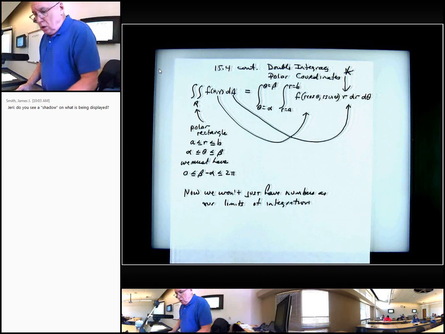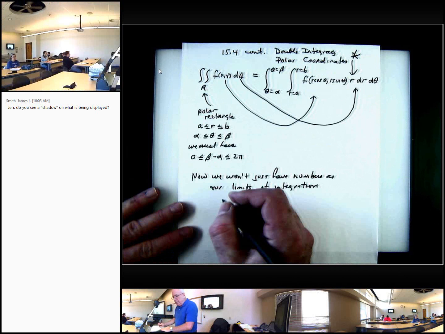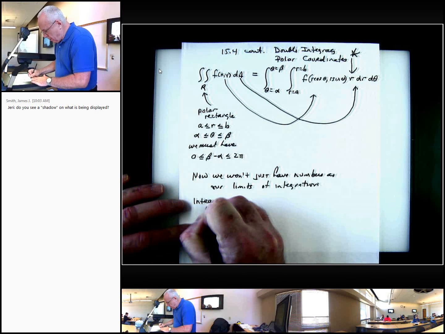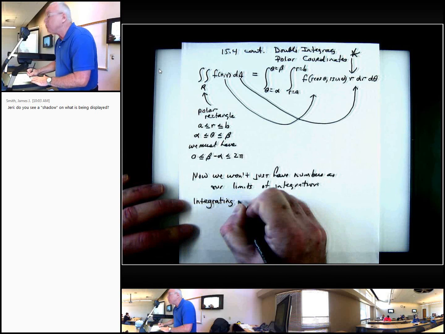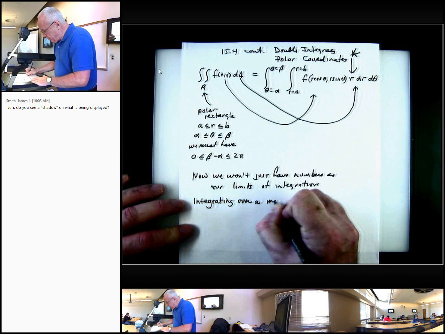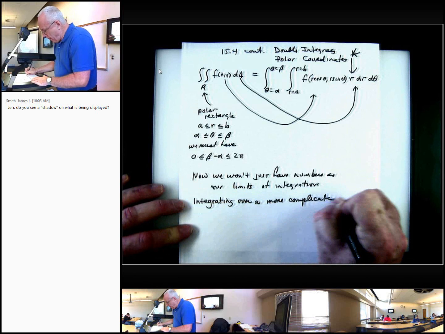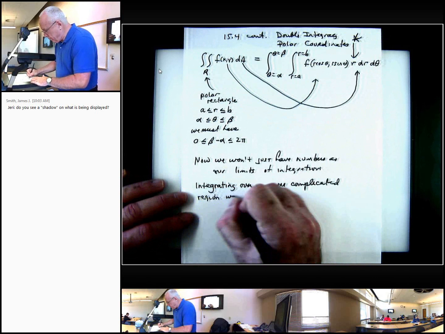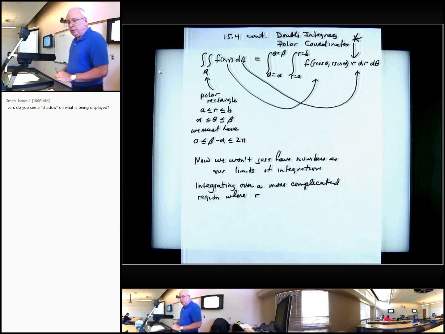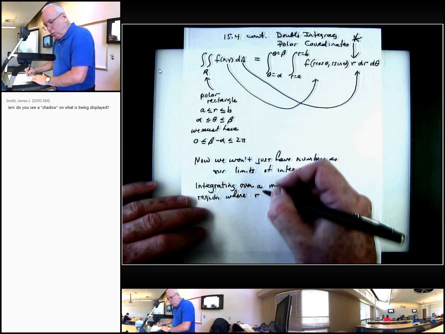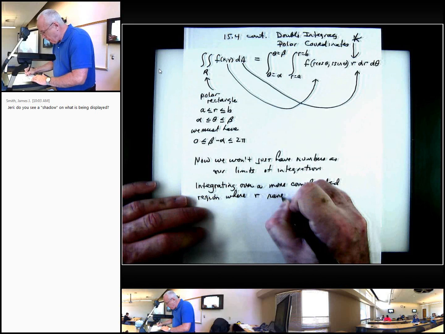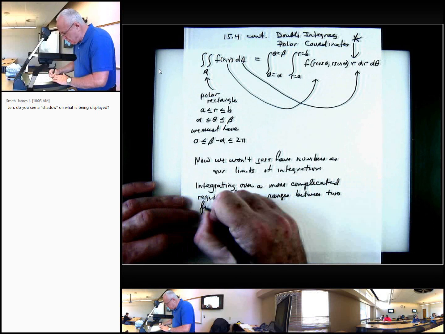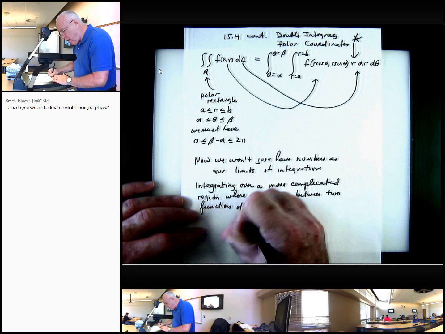Okay. All right. So here we're talking about integrating over a more complicated region, where r, the distance to the origin, ranges between two functions of theta.